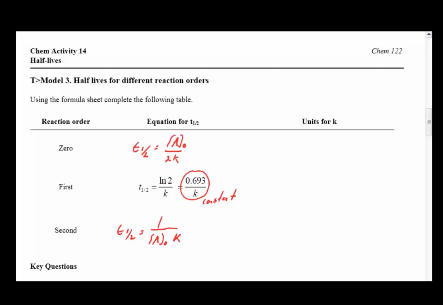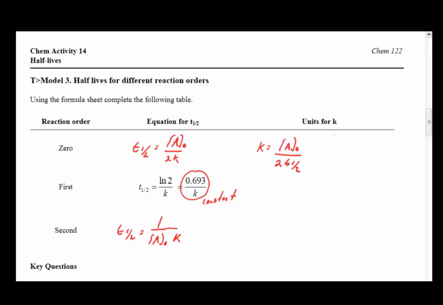Now, I'd like us to have a go through rearranging each of the equations to solve for K, because once again, these half-life equations can be used indeed to solve for K. So starting from a 0 order, K is equal to, and then rearranging, the original concentration of A divided by 2 times the time 1/2.